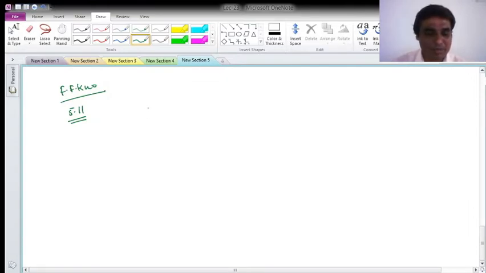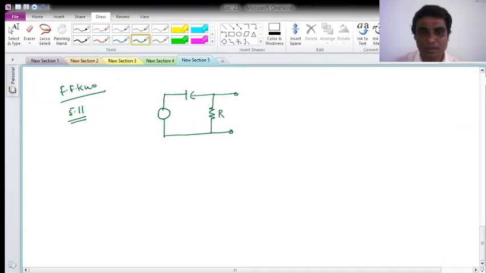Example 5.11 is the RC differentiator circuit, which is shown here like this: R, C, this is e of t, and this is my v0 of t.